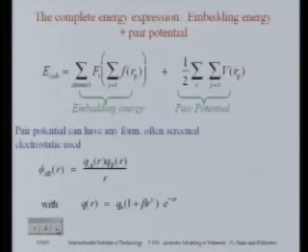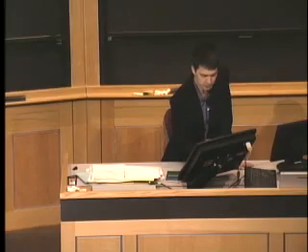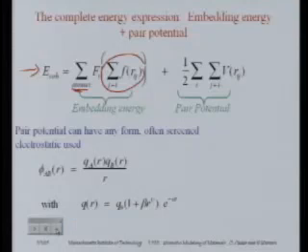Here we go. So the way you write the energy in the embedded atom method is you write it as the embedding energy, where you sum over every atom and look for its cohesive energy, which is some function F of the neighborhood measurement, which is the electron density at the site of i.